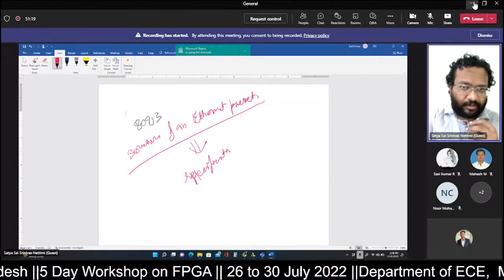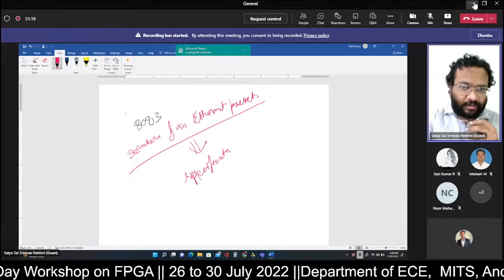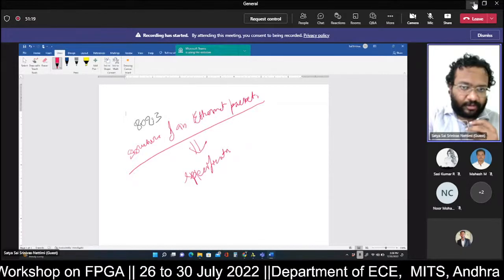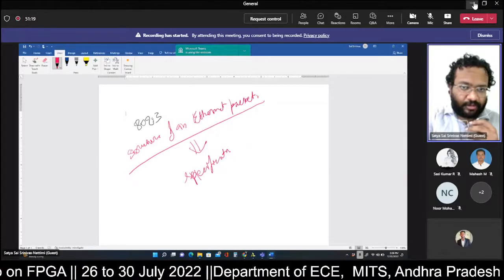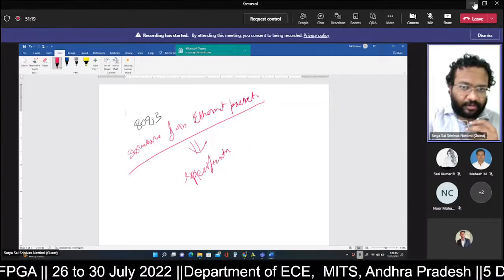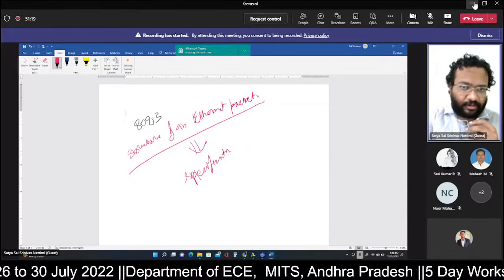The sequential logic should behave in one way when there is no reset, and when reset is coming, it should act in another way. So what are the operations that the sequential state register logic will do with respect to reset that I am defining?